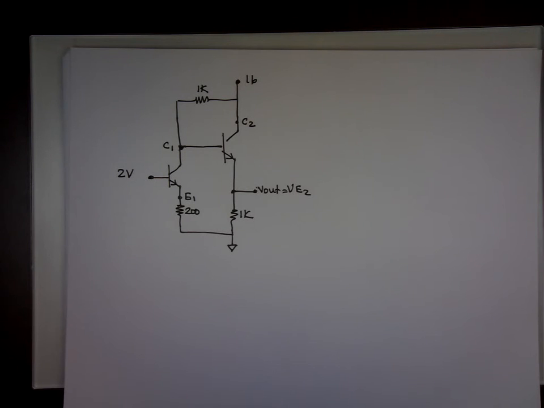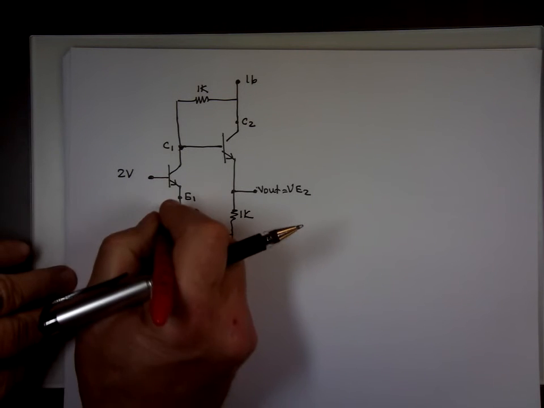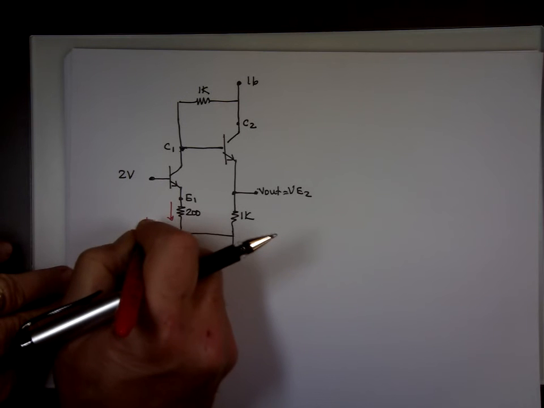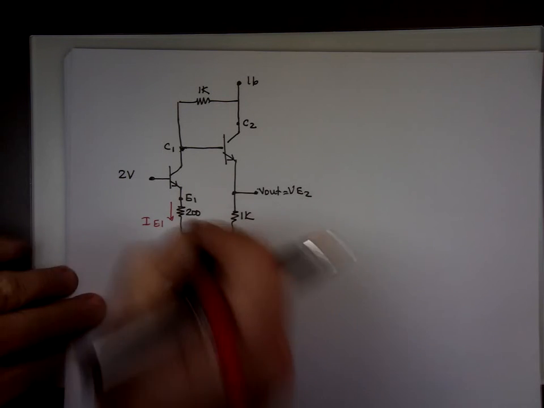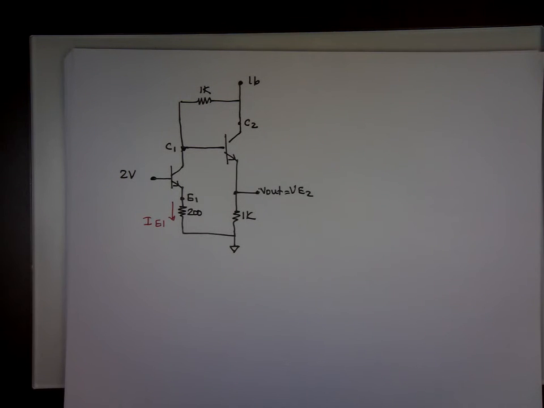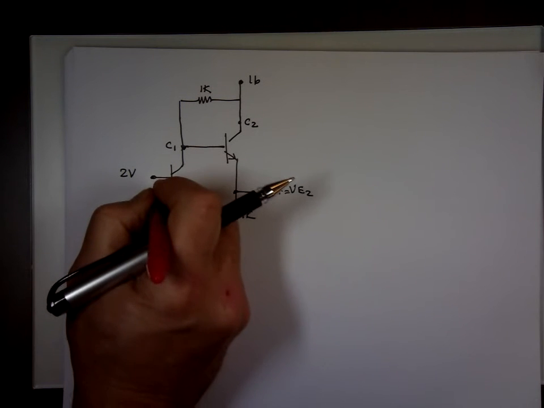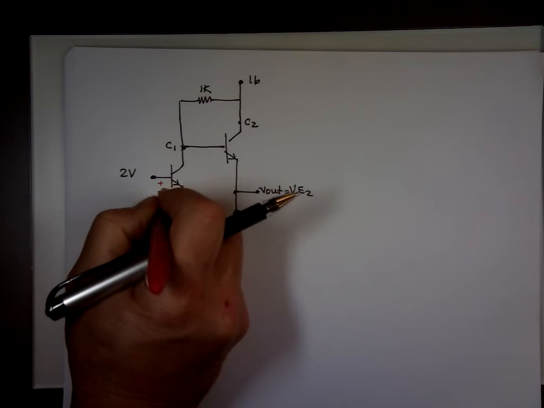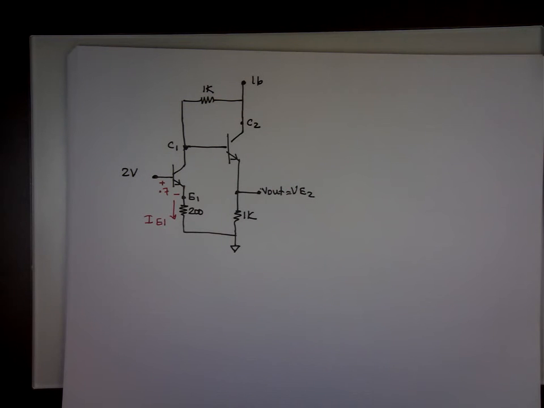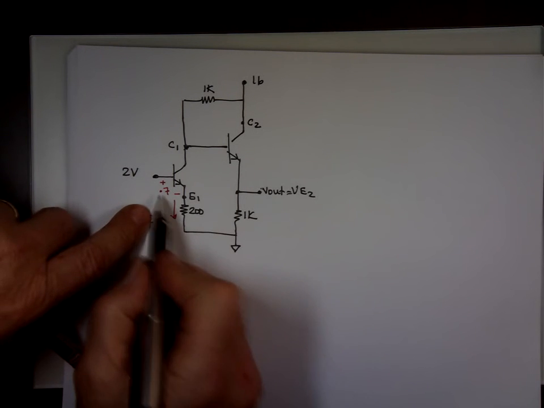So I can find the current through the emitter 1. We'll call that I emitter 1, down here. How do we find it? Well, if this is 2 volts, that's big enough to turn this one on. There's plus to minus 0.7. Okay, 0.7.